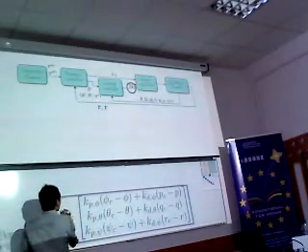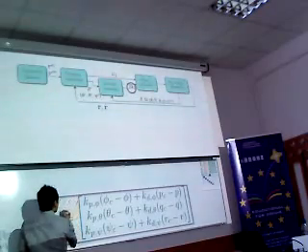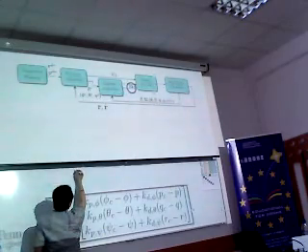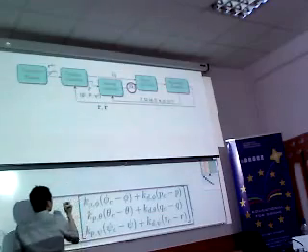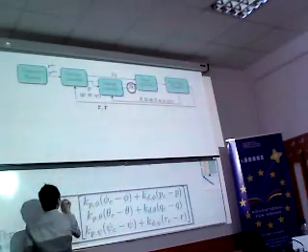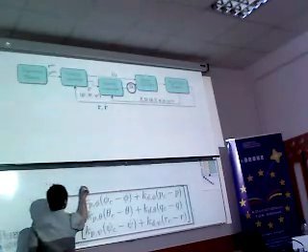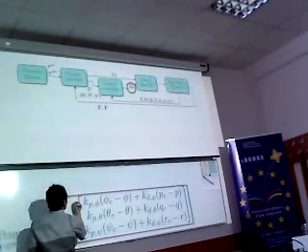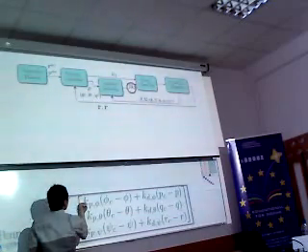But we can do something. For example, this one is KP1 and KD1. But if we choose another KP and KD, for example like this one, this is the case KP2 and KD2.